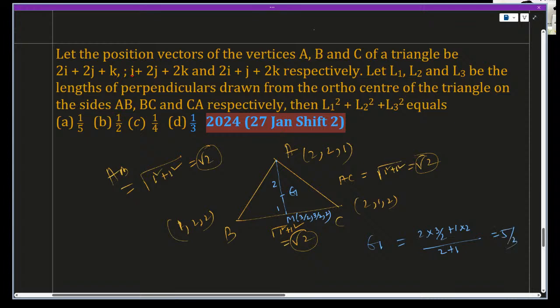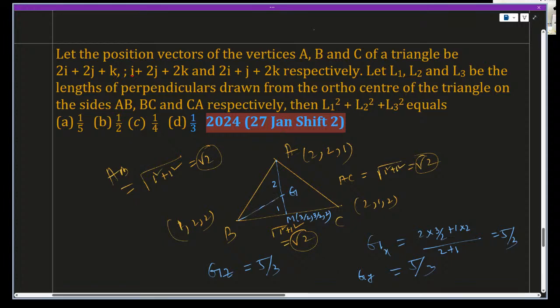This is 5/3, Gx. You can find Gy, you can find Gz also. Gy is going to be 5/3, same manner. Gz again 5/3, I think. Check. Yes, 5/3.